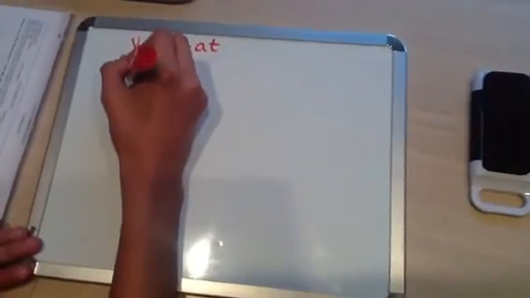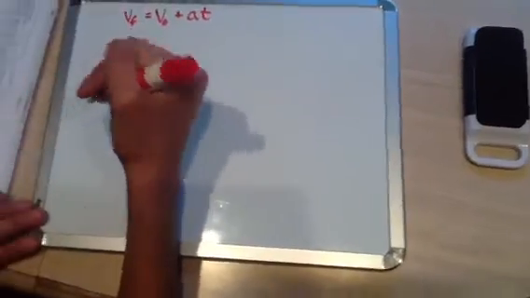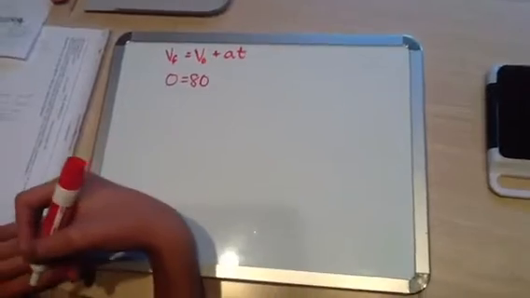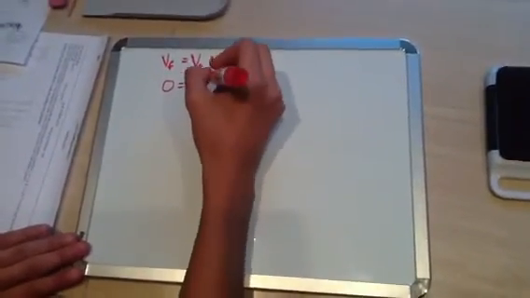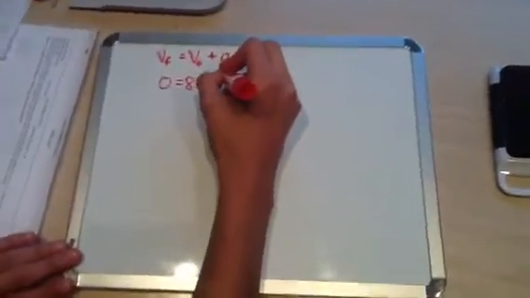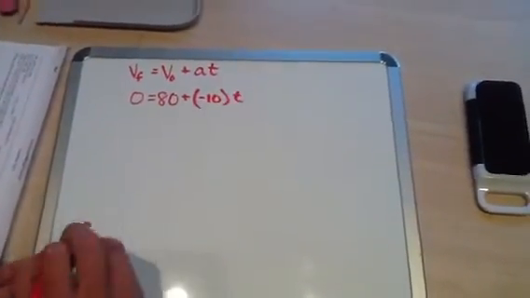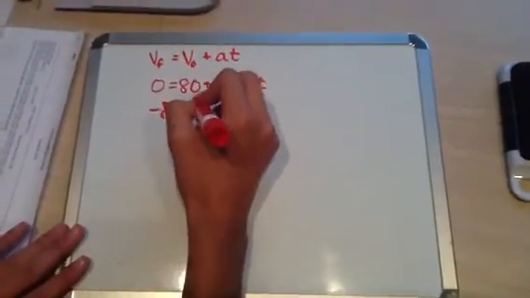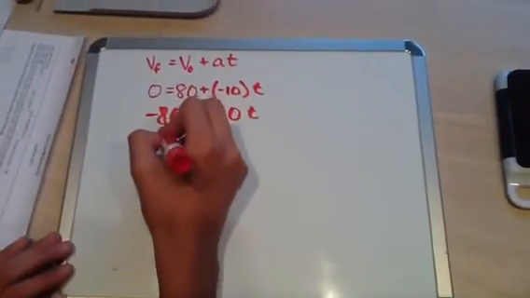The final velocity equals 0 because it's stopped at the top of its maximum height, while the initial velocity is equal to 80 because that's how fast it was going at the beginning of the second segment. And then you add a -10 times t. Then you just use algebra to solve, and you get t equals 8 seconds.